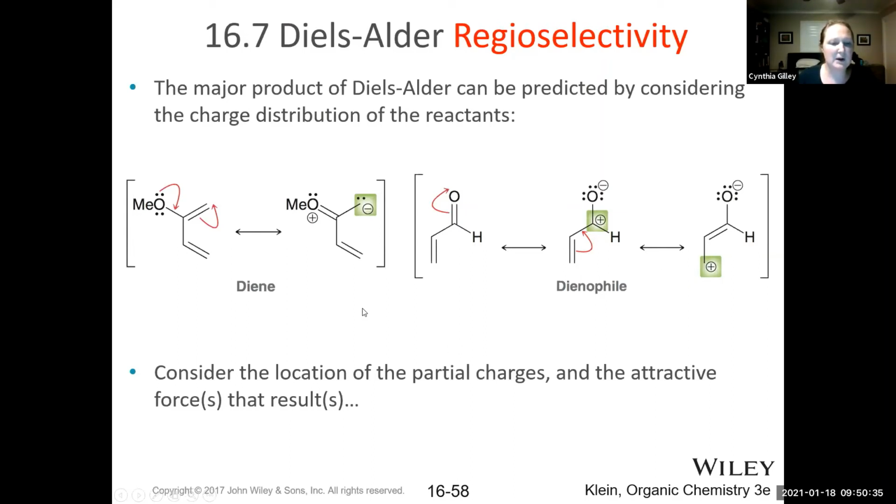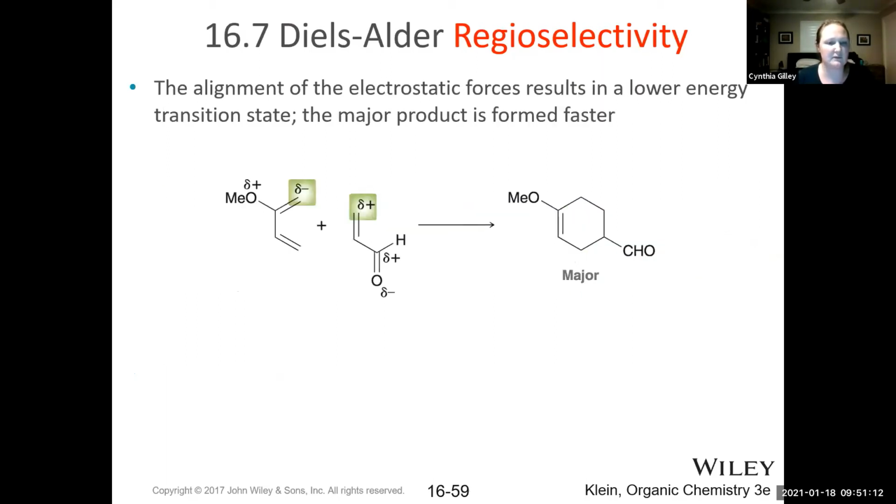And I only really care about partial positive charges on the terminal carbons of the diene, because again, those are the carbons involved in forming the two new sigma bonds with the dienophile in the Diels-Alder reaction. So we need to locate the partial charges specifically on the carbons involved in forming the new sigma bonds and align them so that the attractive forces that result from opposite charges allow for an electrostatic attraction, which leads to a lower energy transition state in the Diels-Alder reaction.